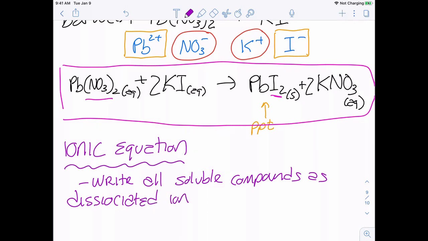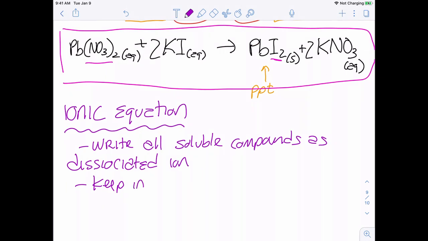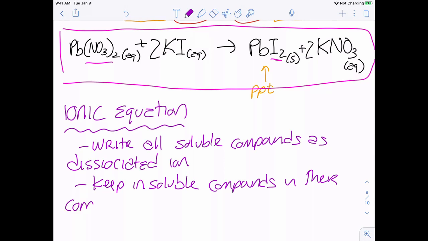If it's insoluble, my lead 2 iodide, I'm going to keep it together. So keep insoluble compounds in their compound form. So PbI2 is still going to be written as PbI2.